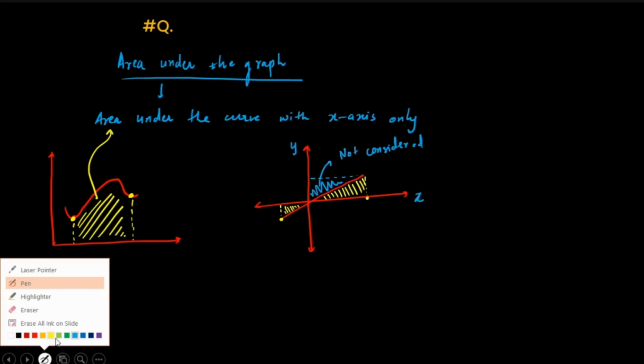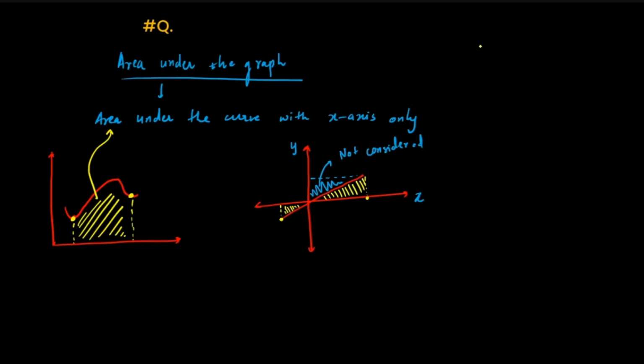Now, one more thing we need to understand from this graph. Suppose we have a displacement time graph. From a displacement time graph, we can calculate two things: either area or slope. For a displacement time graph, slope will give us velocity.